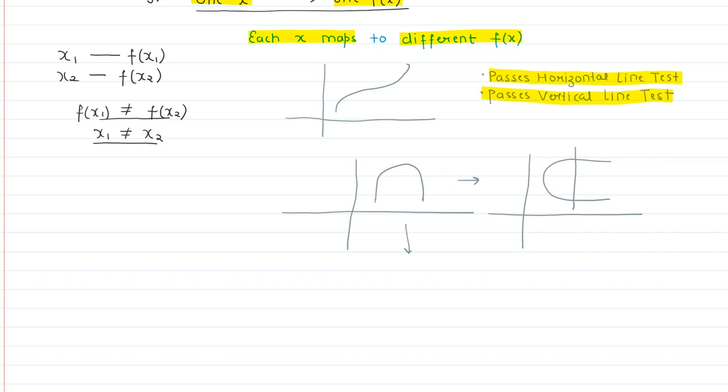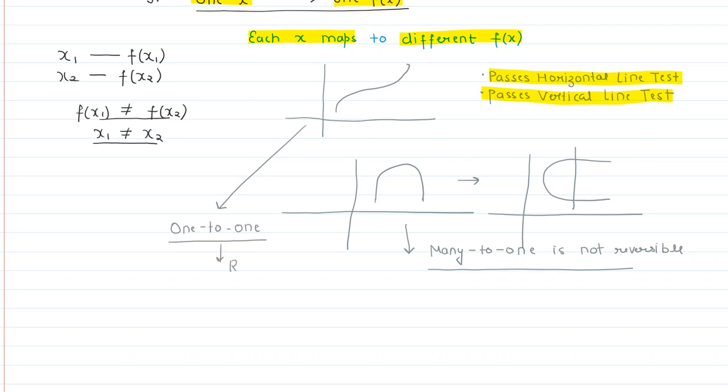So a many-to-one function is not reversible. However, a one-to-one function is reversible.